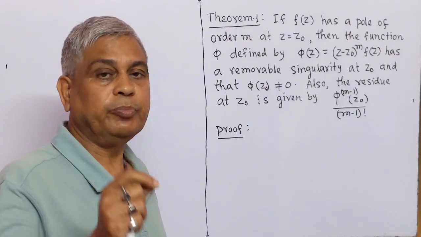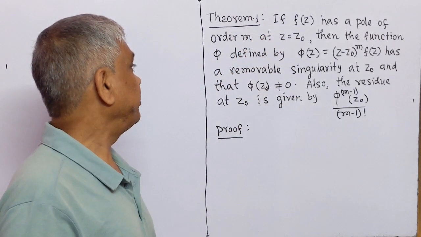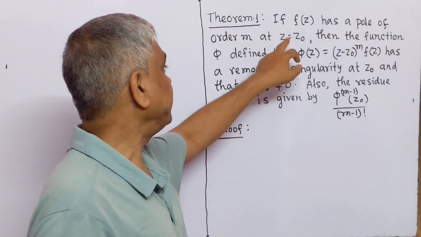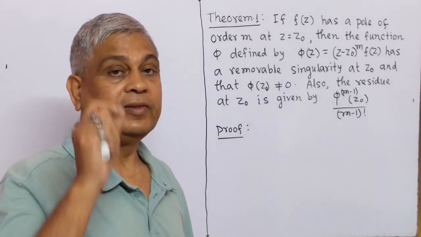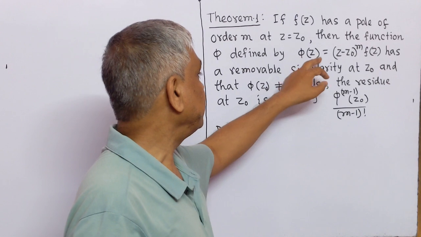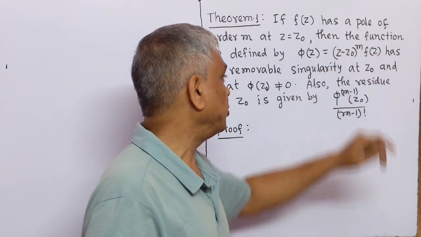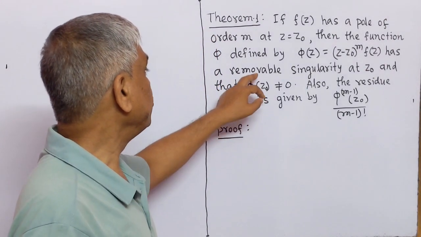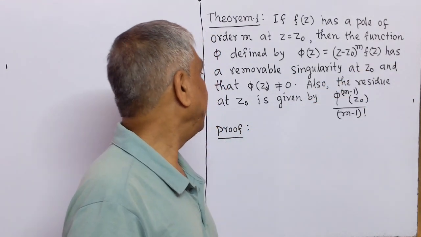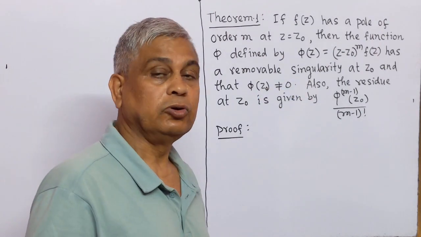Now we prove theorem 1. The statement of the theorem is: if a function f(z) has a pole of order m at z equal to z naught, then the function phi defined by phi(z) equal to (z minus z naught) to the power m times f(z) has a removable singularity at z naught, and phi(z naught) is not equal to 0.